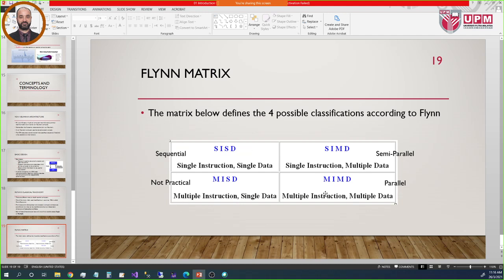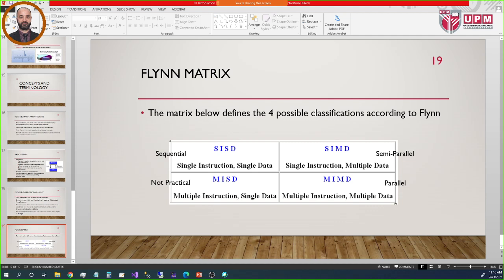And the rows are about single instruction and multiple instruction. So from here, we understand that we have only 2 dimensions.